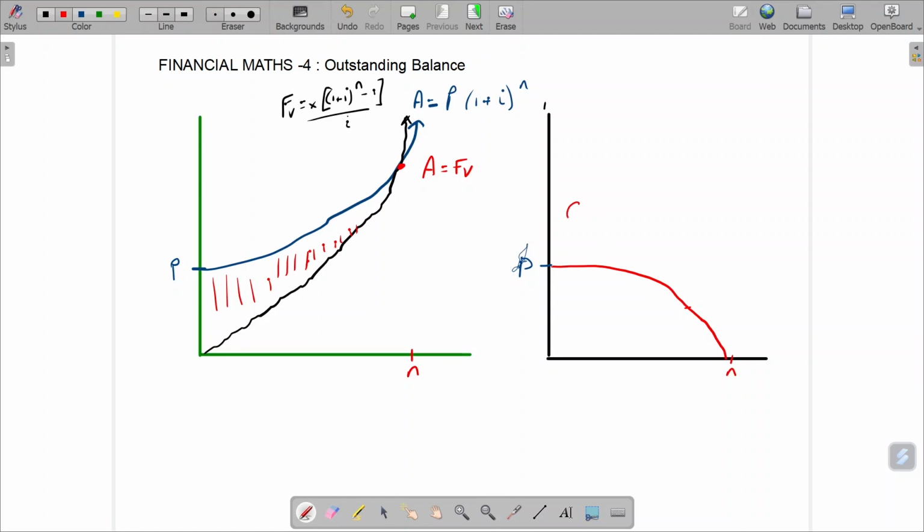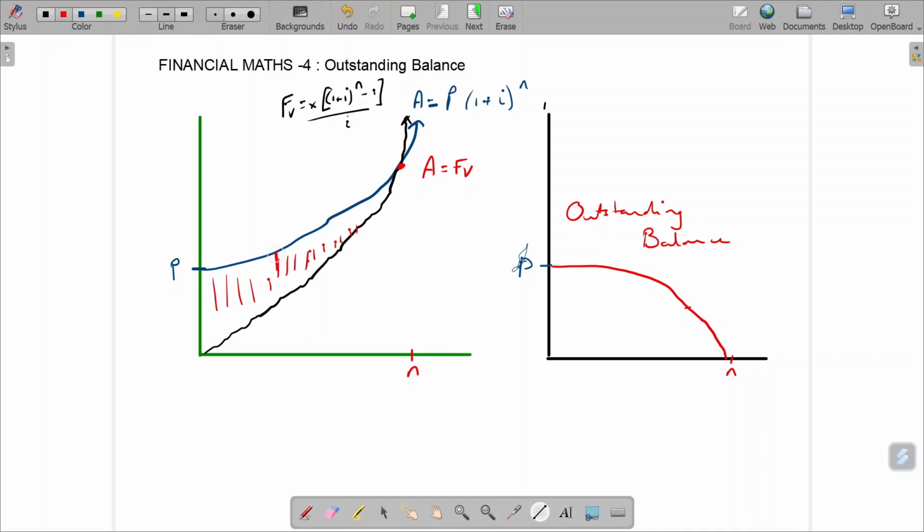So this graph actually shows how much money we still owe the bank, what is referred to as the outstanding balance. Now, I always think of it as follows, and I know there are other ways to see it.